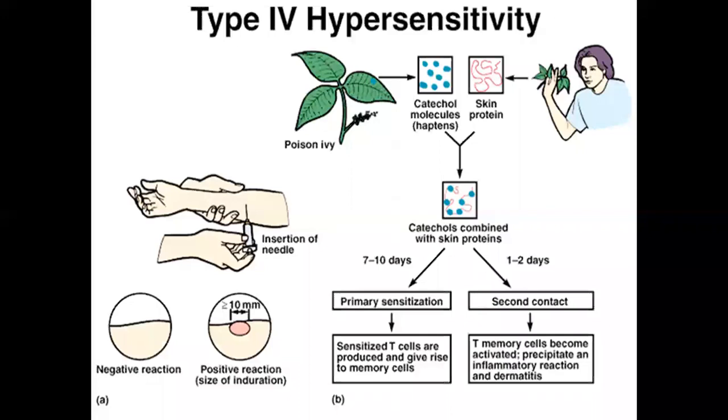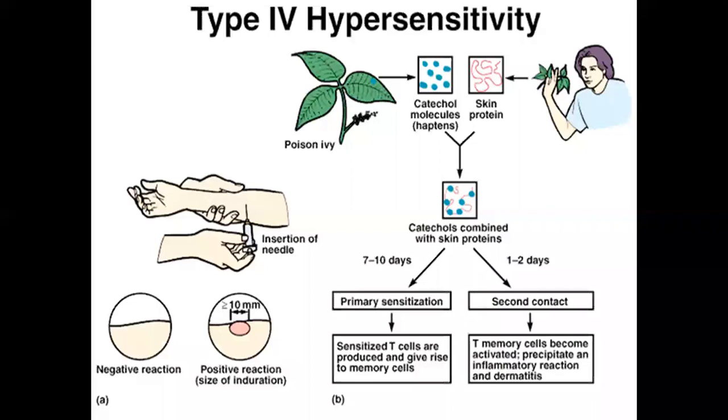So a hapten is a small molecule that may be a molecule of a drug or a molecule from anywhere in the environment, but it cannot cause hypersensitivity reaction or any immune reaction, even in the body, until and unless it is attached to a bigger molecule in the body, and that bigger molecule may be albumin or globulin.